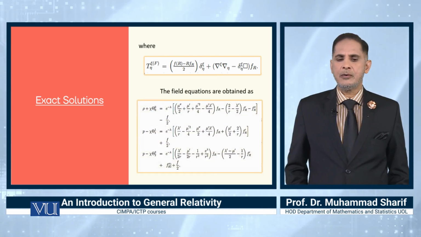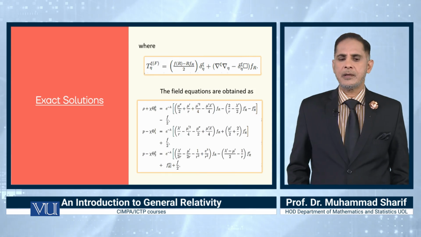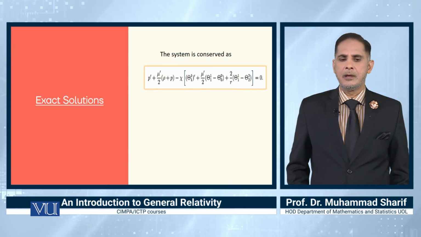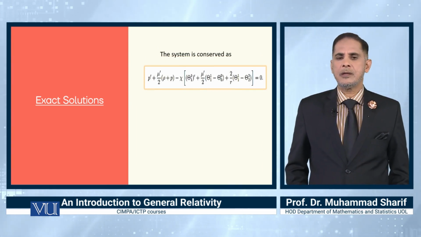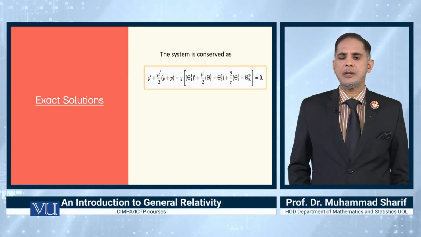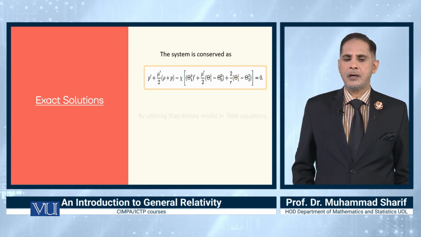Now, we can write down the Einstein field equations. Well, in the case of f(R) theory, these are given as follows. And you can see that we are considering the energy momentum tensor, and that means the system must be conserved. So, the conservation equation can be written as follows. Obviously I am not going into the calculations, but one can calculate all these things.